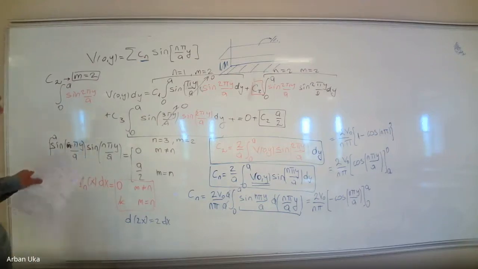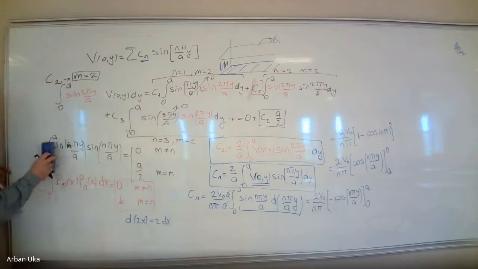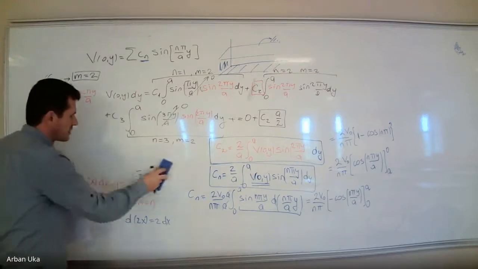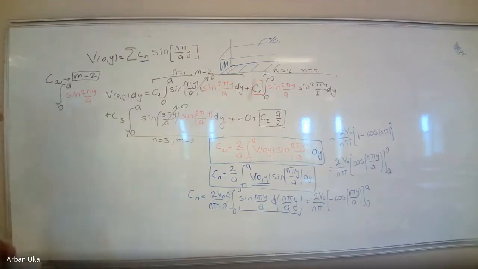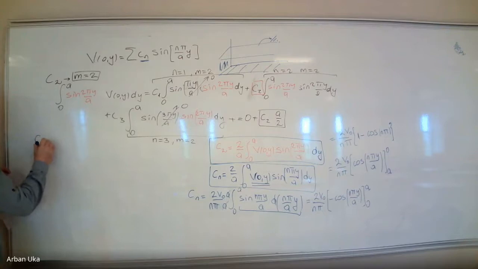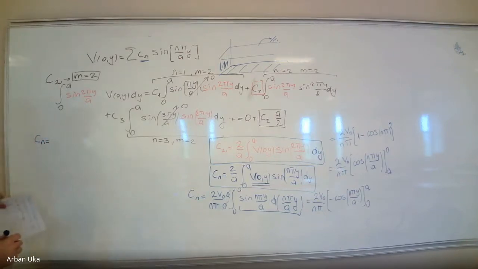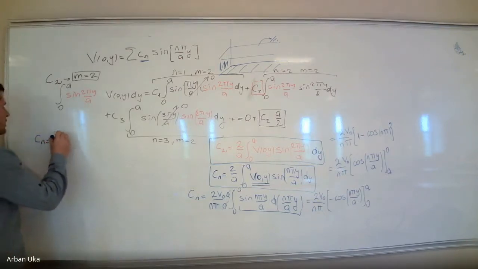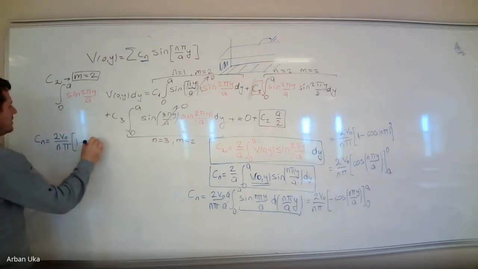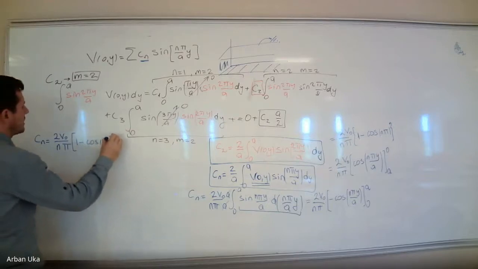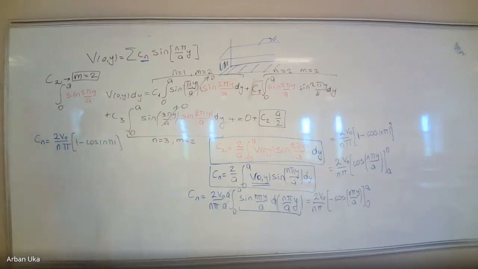Let me write this one here, because this was just orthogonality relationships, which are always true. But let's write here that apparently Cn is equal to 2v0 divided by n pi, times 1 minus cosine n pi.